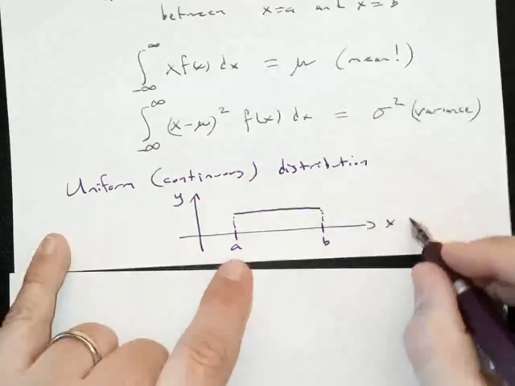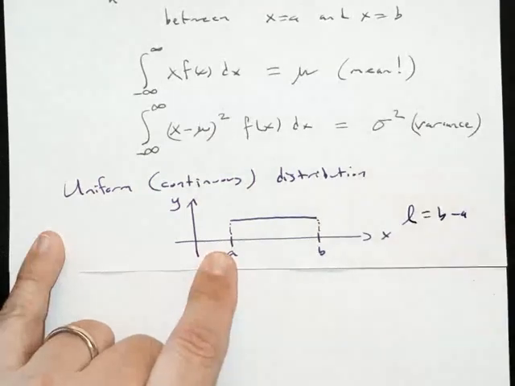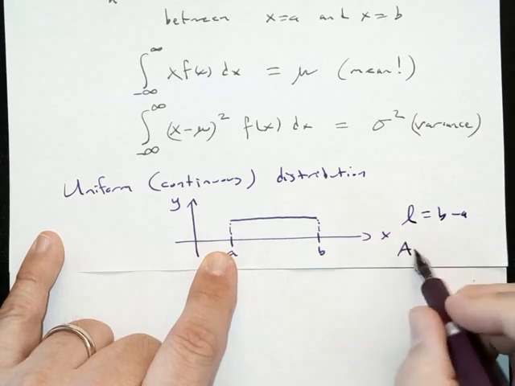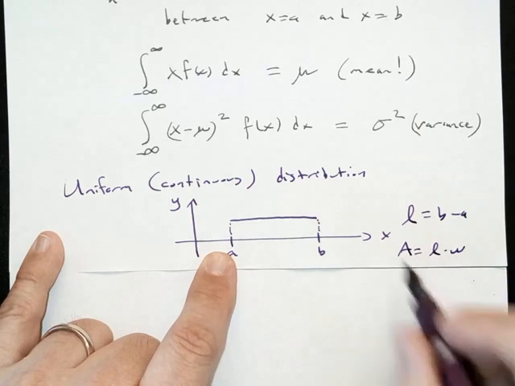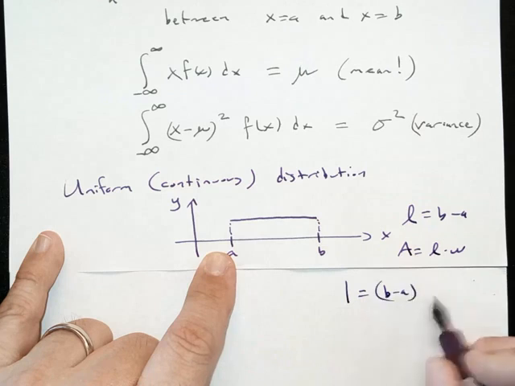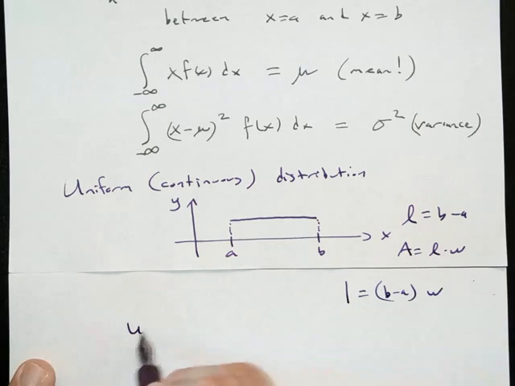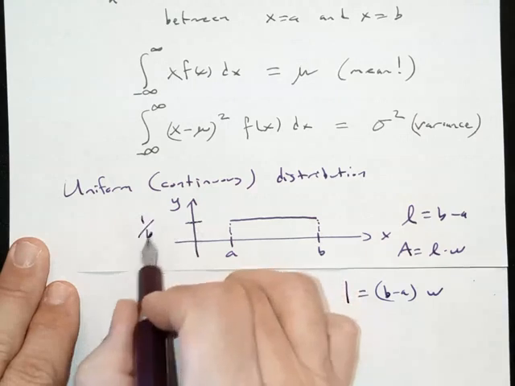So the length is B minus A. I want the area to be 1, and area is length times width. Since the area is 1, that means I know what the width is. The width should be 1 over B minus A, and that's the y value right here.